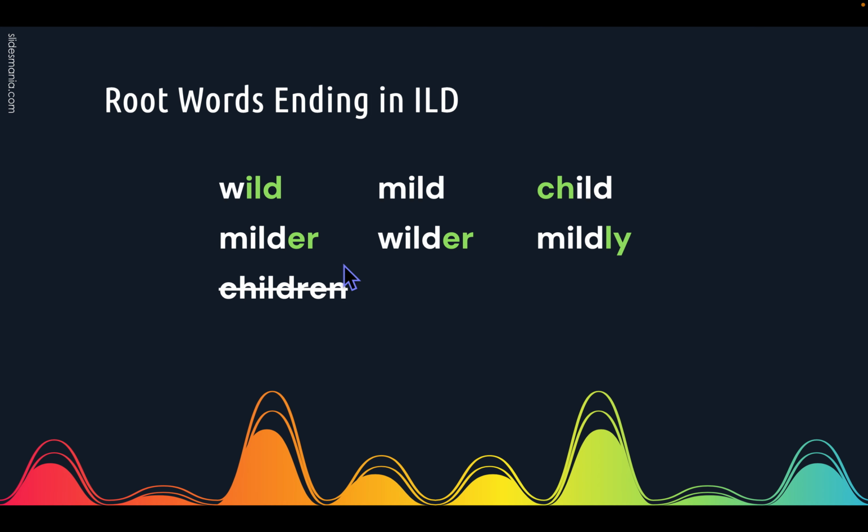Milder, wilder, mildly. One important exception where the I does not have a long I sound is the word children. Notice when you have one child, it has a long I sound. But as soon as you make it plural, the I becomes a short I sound, and we have children.